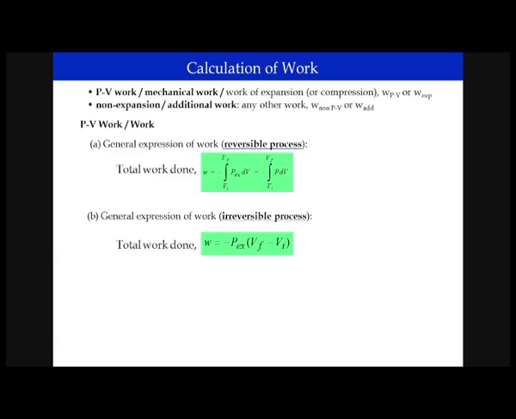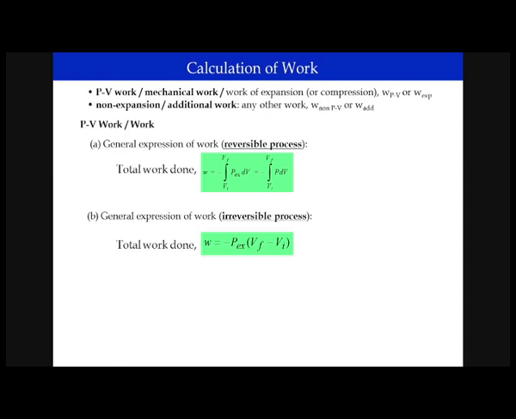in any process. So, next we will move to work, and as I said at the beginning of this lecture, work could be of two types. One is the work commonly described, the expansion work, the mechanical work or the PV work, and any other work like electrical work or magnetic work we call together as non expansion or additional work.